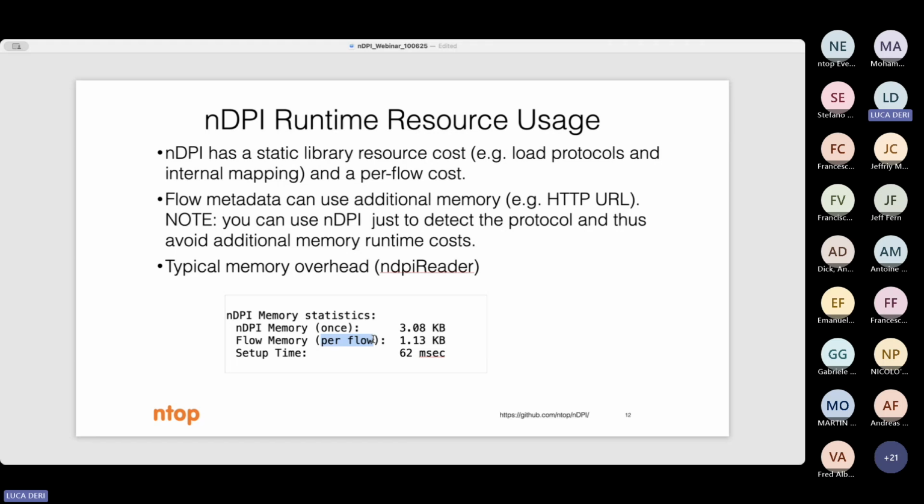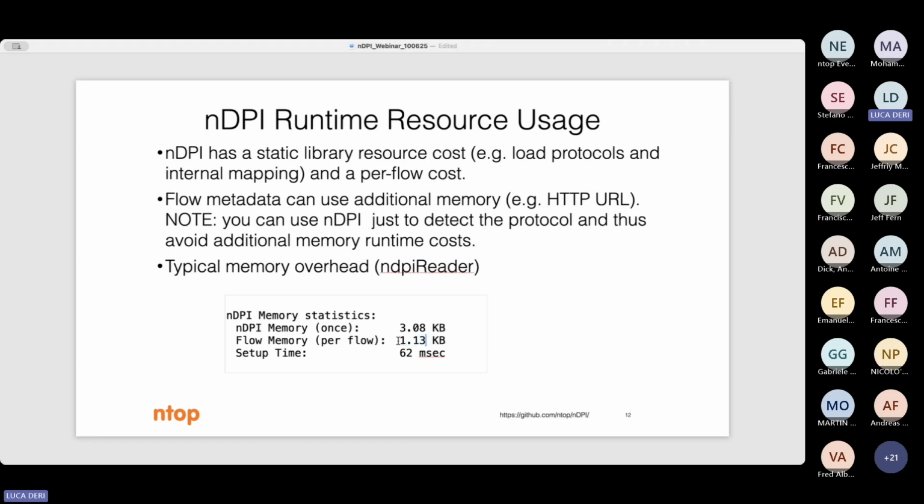For instance, the URL, or additional information for remembering up to what stage a certain flow has been processed, or for detecting what dissector has to be applied, or what dissector has not matched and therefore should not be considered at all. In this case, you pay an overhead of a little bit more than 1 kilobyte.